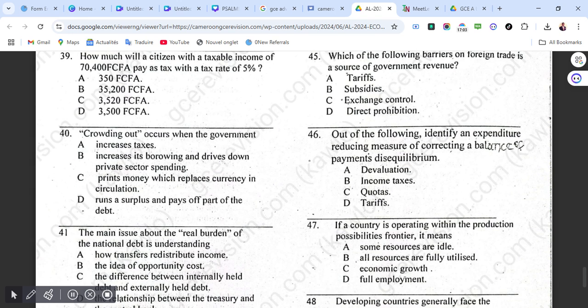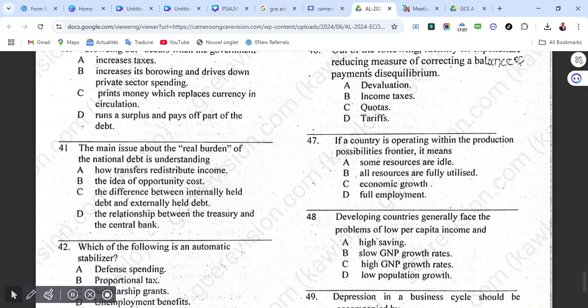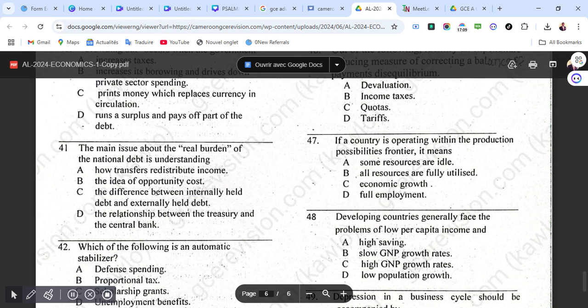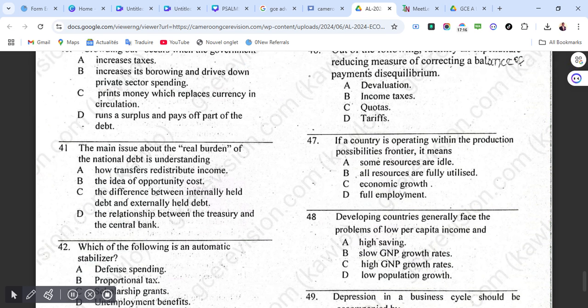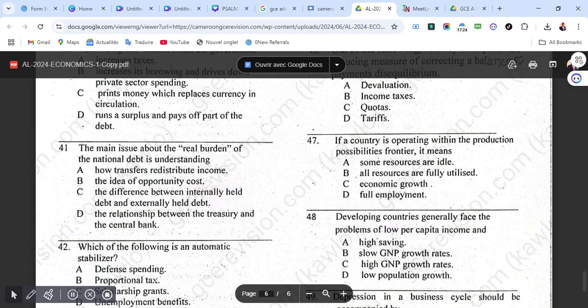The correct answer for 46 is A, which is devaluation. If a country is operating within the production possibilities frontier, it means 47 is A, some resources are idle. Some resources are idle is the correct answer.